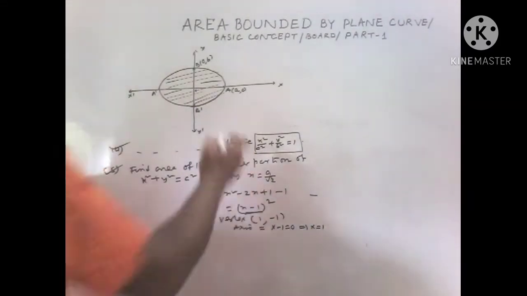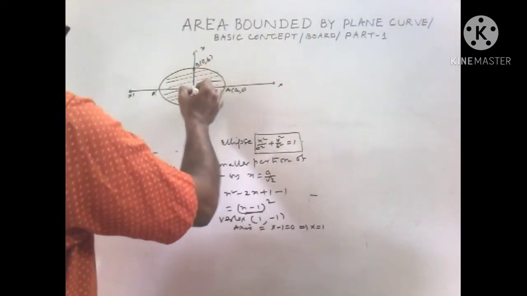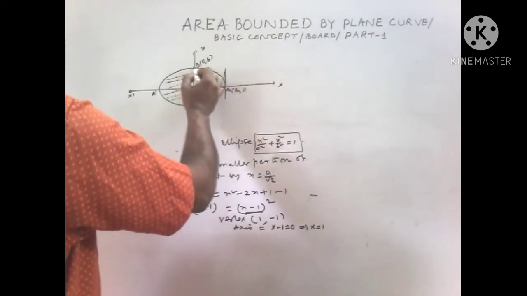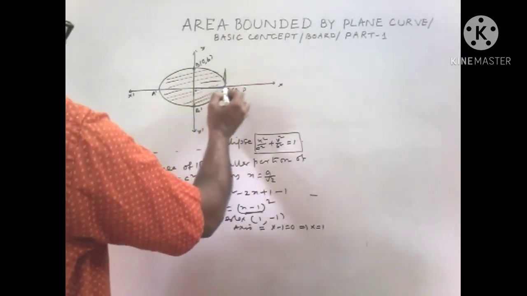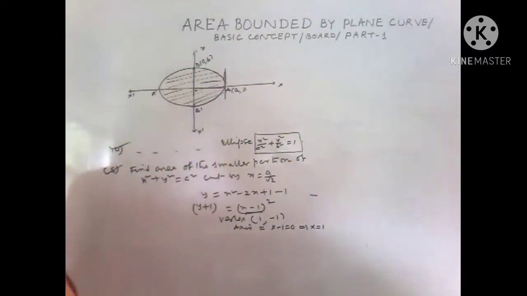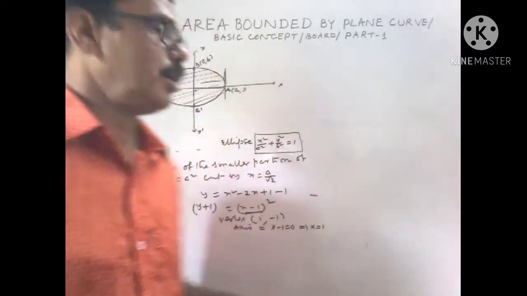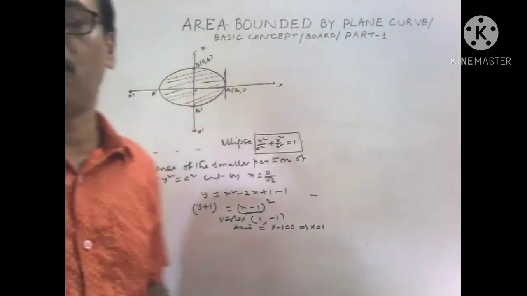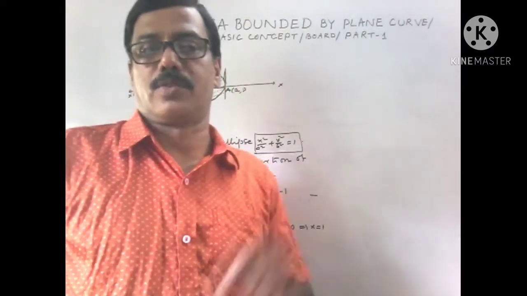So to find area, we need 2 ordinates. Look, this is x equals to 0, this is x equals to a, the curve and the x axis. So we can find the area of the first quadrant. And due to symmetry, the area of the ellipse will be 4 into the area in the first quadrant.